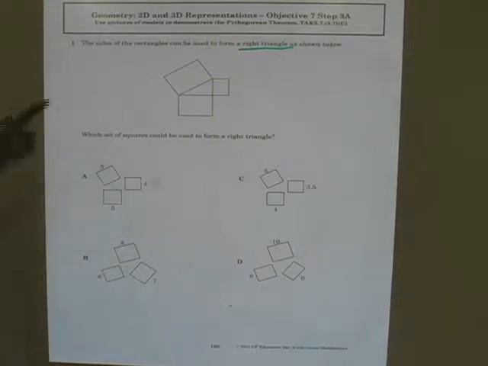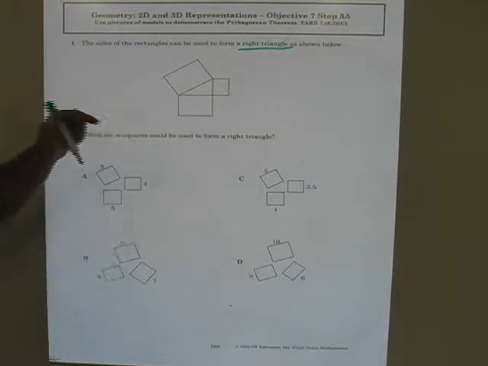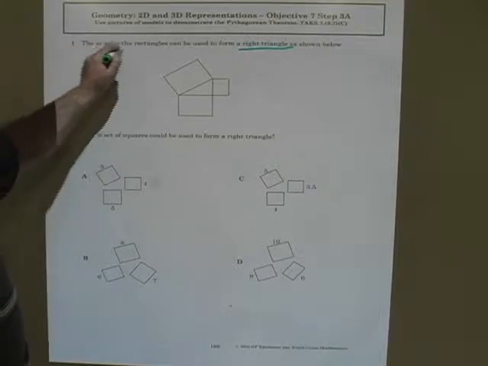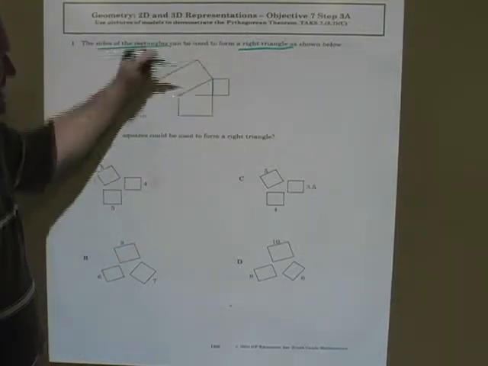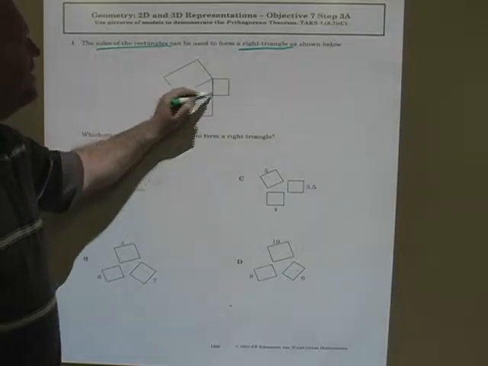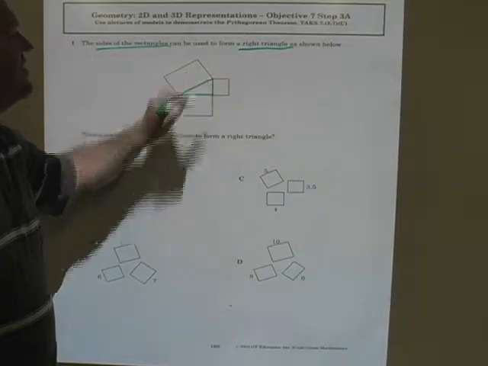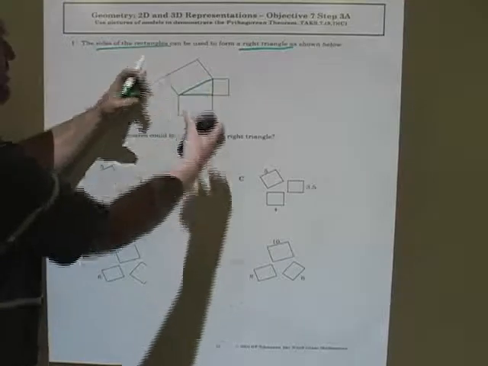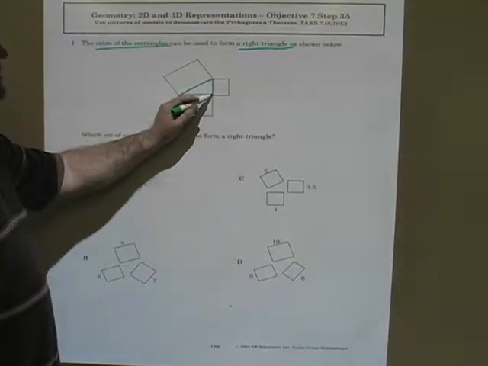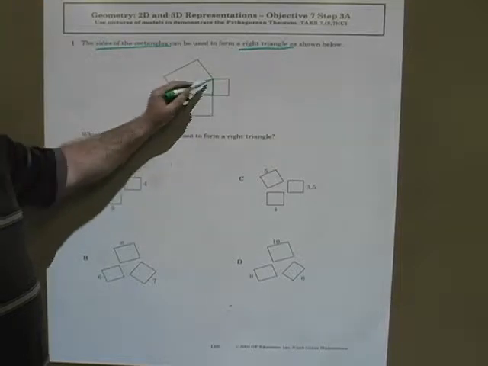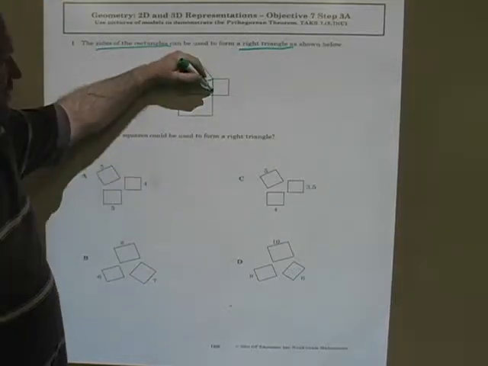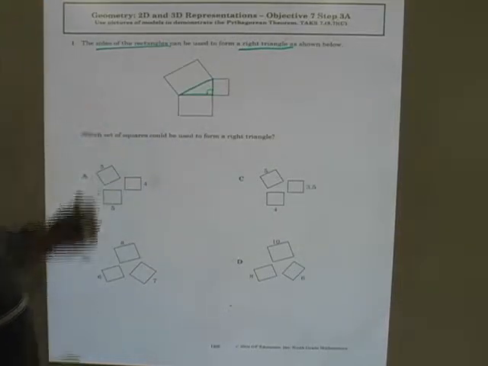The only place I see a right triangle here that's being formed by the sides of the rectangles is right here. It's where all those rectangles come together, and they're taking a side from each rectangle to form this right triangle. Your right angle is here.